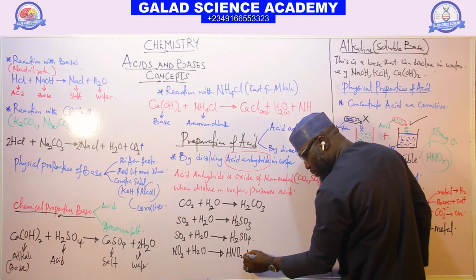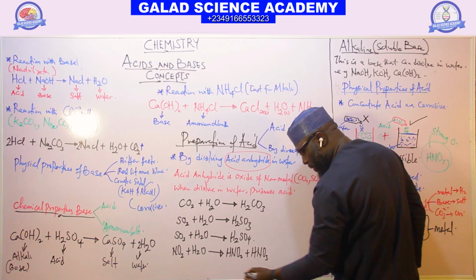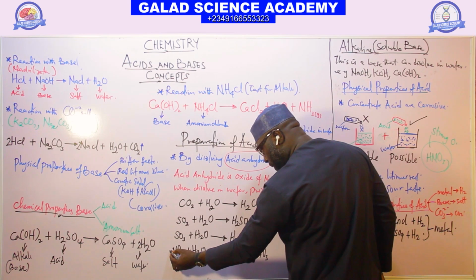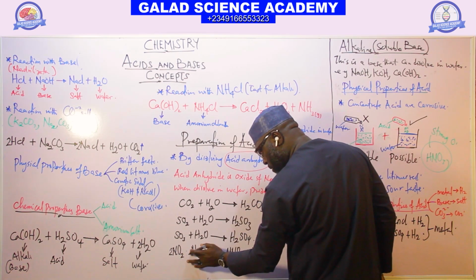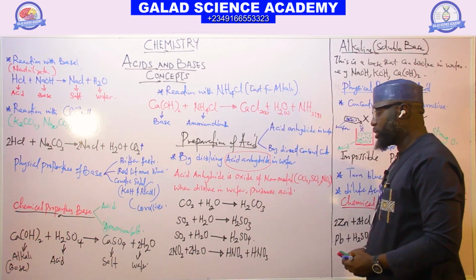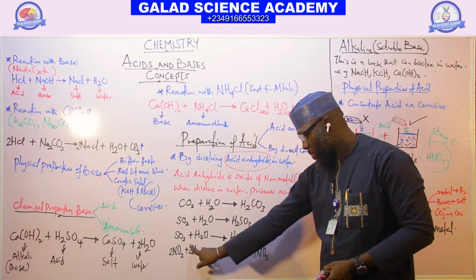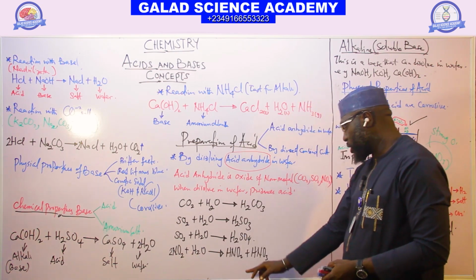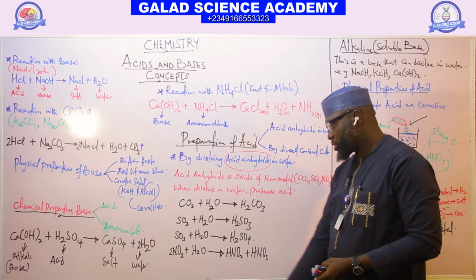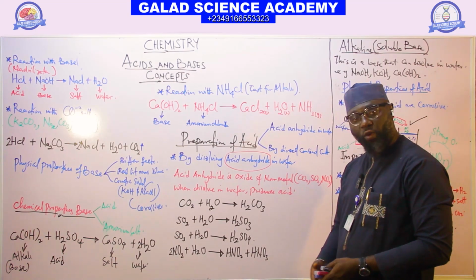HNO2 plus HNO3. We need to put 2 here, 2 here. Check it. How many hydrogen? 2. How many oxygen? 4 plus 5, 3 here, 2, 5.